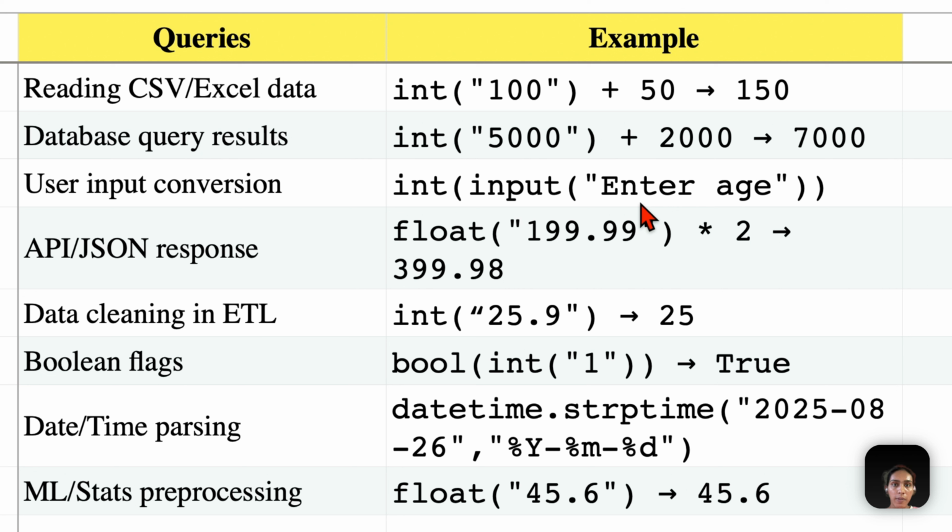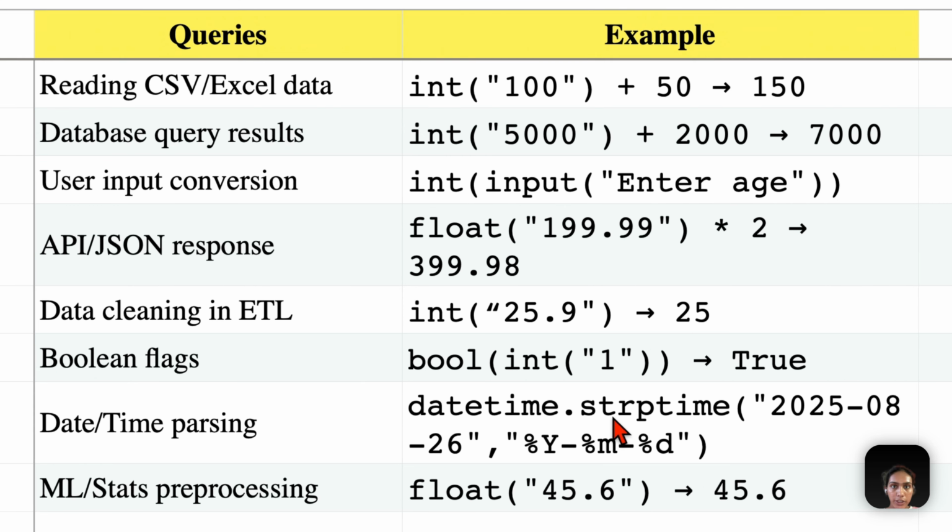So these are some real world scenarios in data engineering where we need data type conversion, whether it may be typecasting or type conversion, implicit automatic or explicit conversion. So this was about data type conversion, typecasting versus type conversion in the data engineering path.